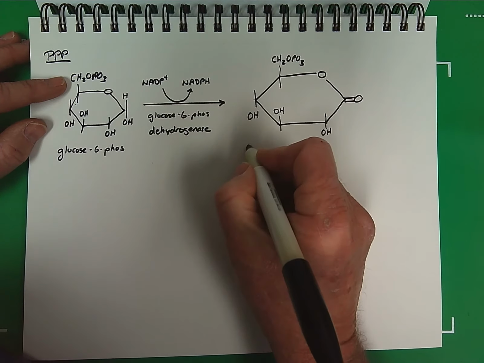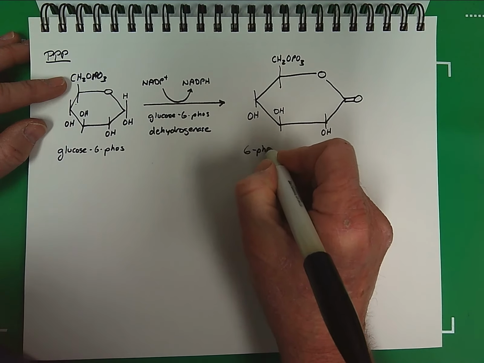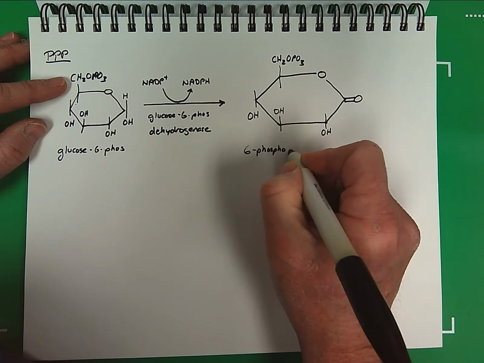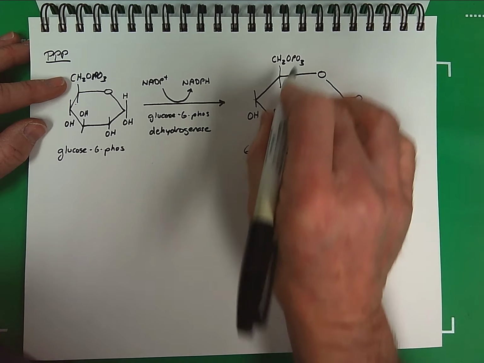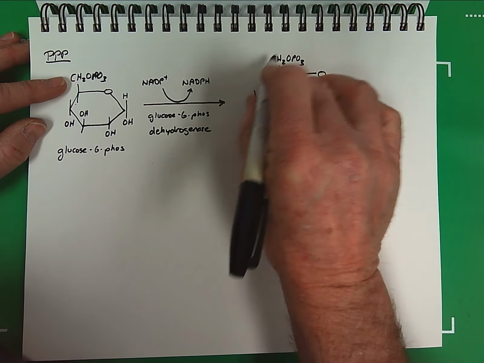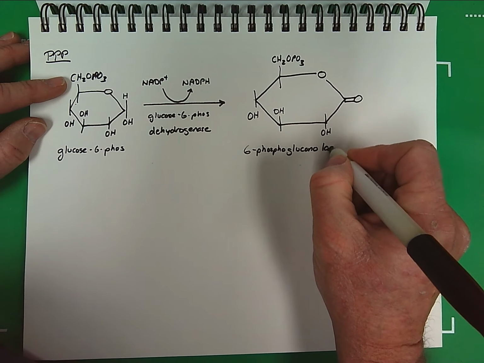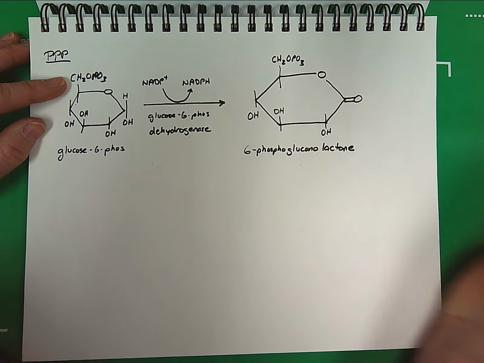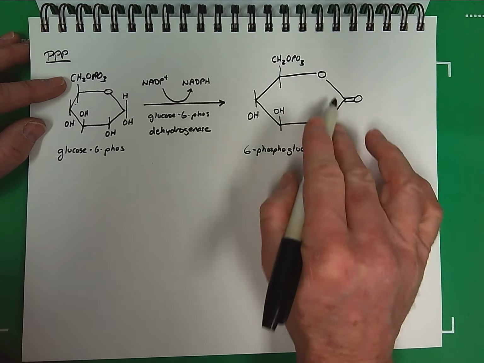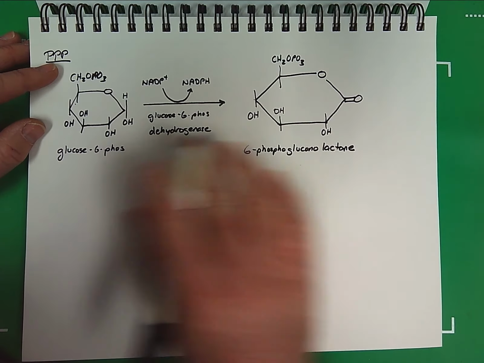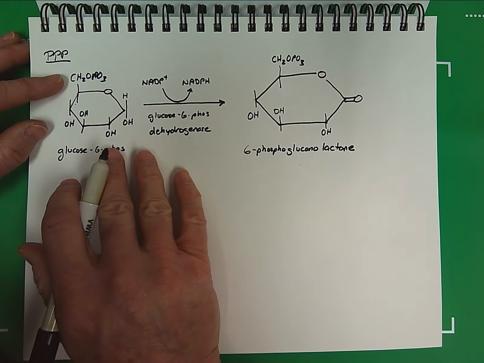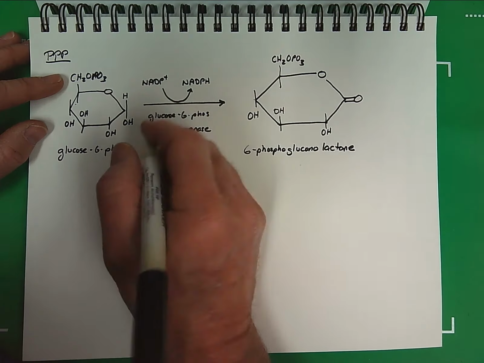This structure is called 6-phosphoglucono, representing our glucose backbone and the 6-phosphate, lactone, because we have a ketone structure. So the most important part of this reaction is that it is the entry level reaction.